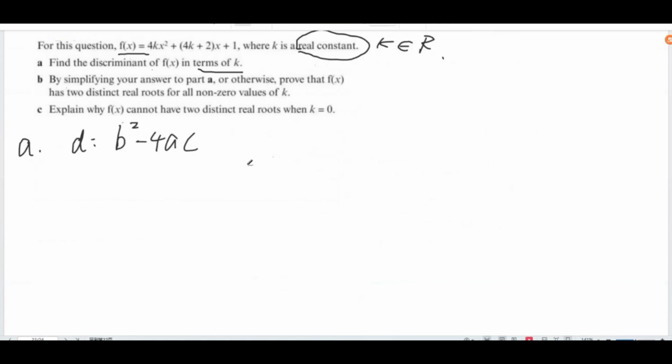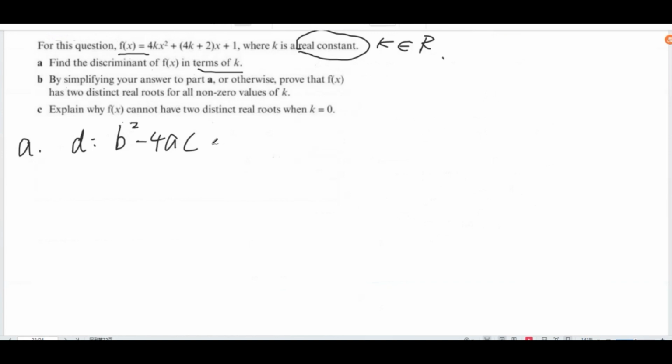So find the equation f(x) with k is a real constant, so k belongs to R. So A, find the discriminant of f(x) in terms of k. So the discriminant can be what? b squared minus 4ac. Do you remember that?